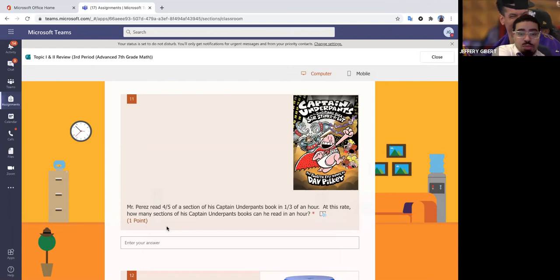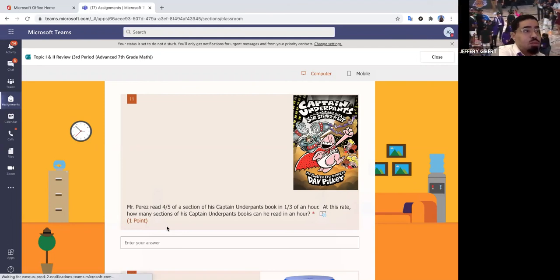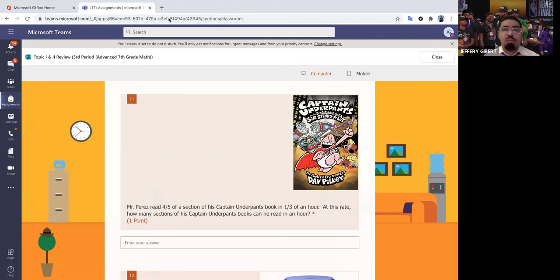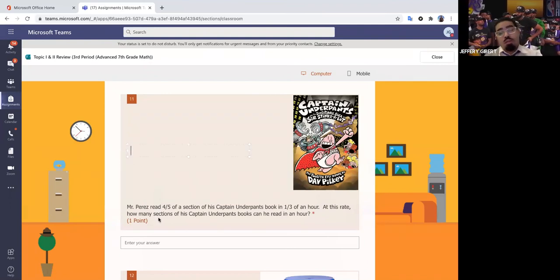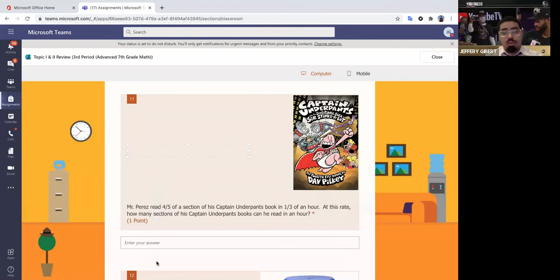So we got sections and hours. So Gabriella, is it going to be sections over hours, or is it going to be hours over sections? Well, to save time, it's going to be sections over hours.